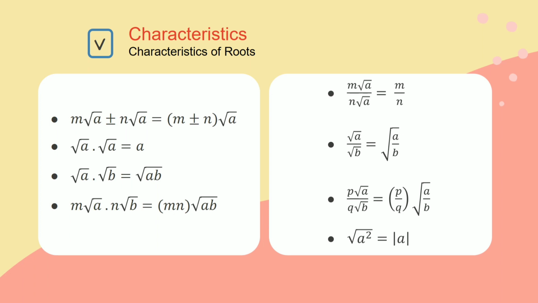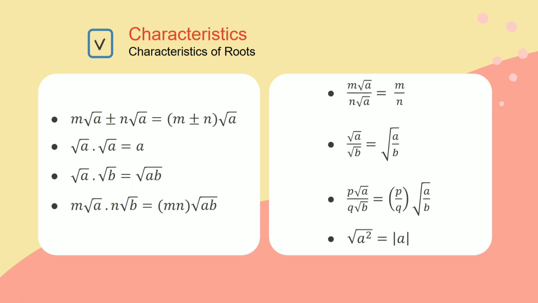Next, the square root of a times the square root of b is equal to the square root of a times b. And then the next characteristic is m times the square root of a times n times the square root of b equals m times n in brackets times the square root of a times b.